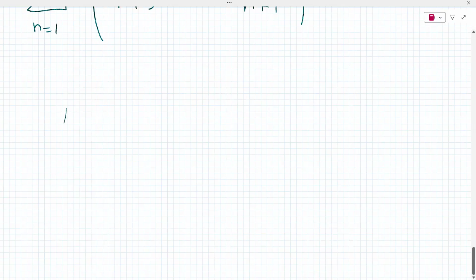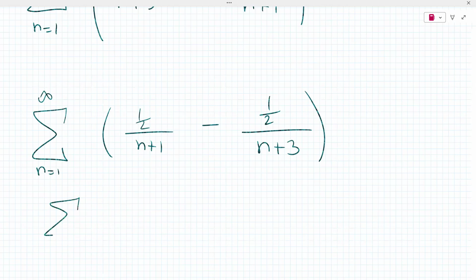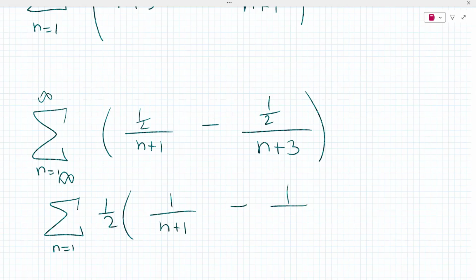So you can rewrite this as the summation from n equals 1 to infinity of positive 1/2 over n plus 1 minus 1/2 over n plus 3. And then next, you can factor out this 1/2. So it's the summation from n equals 1 to infinity of 1/2 times the quantity 1 over n plus 1 minus 1 over n plus 3.